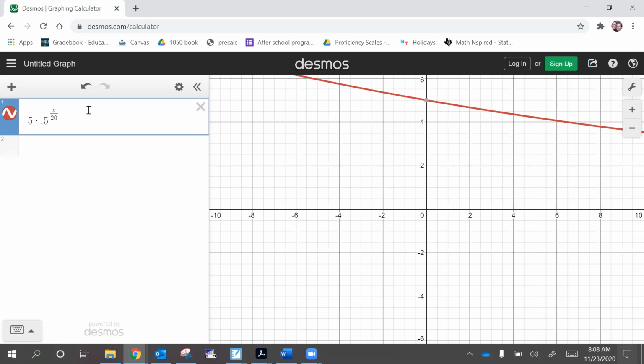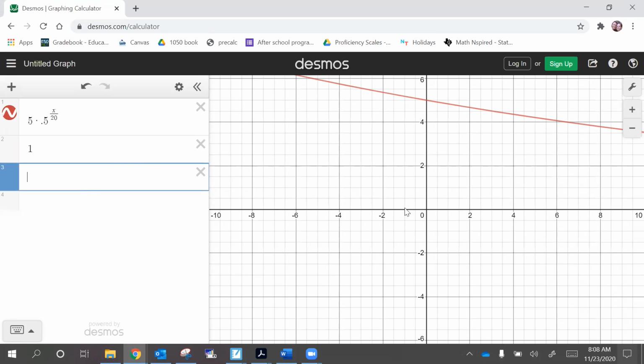That represents the amount of radioactive substance that's decreasing. We want to know when it goes from 5 grams to just 1 gram, so I need to put y equals 1 in there.